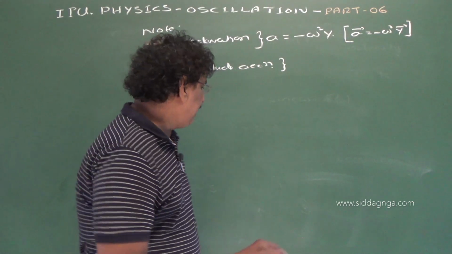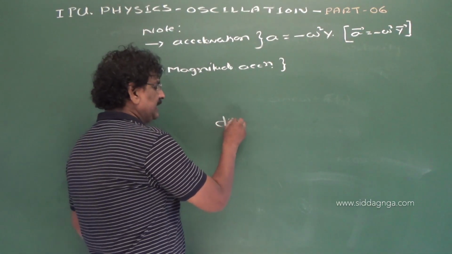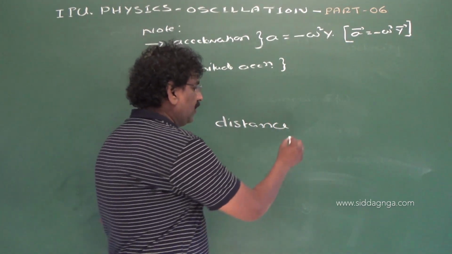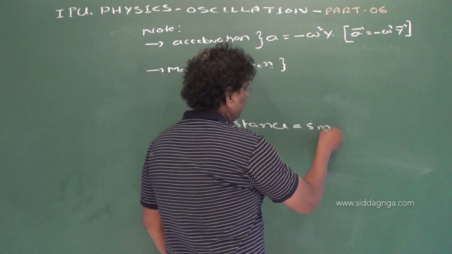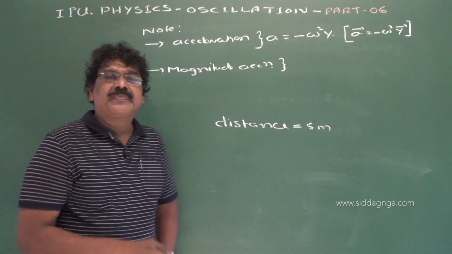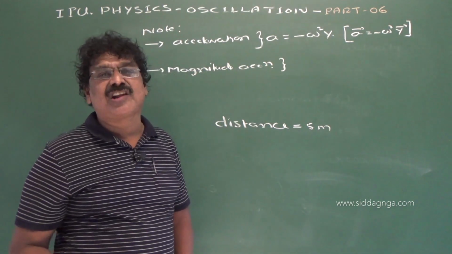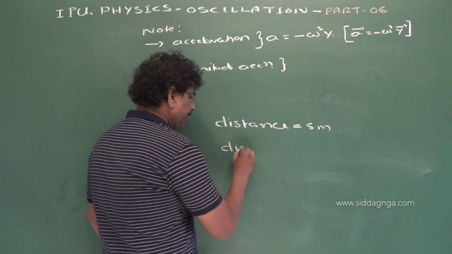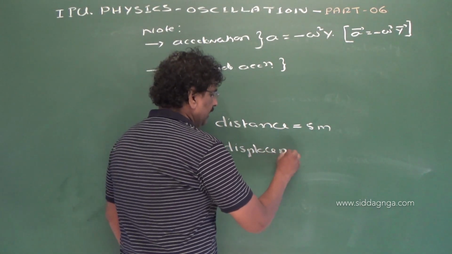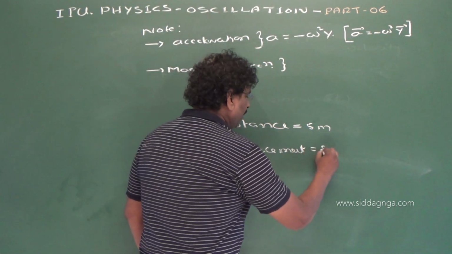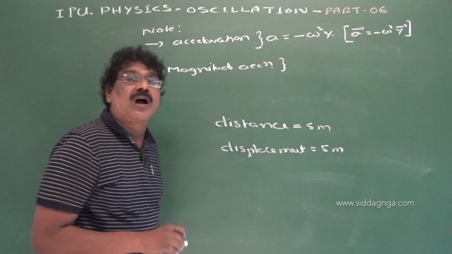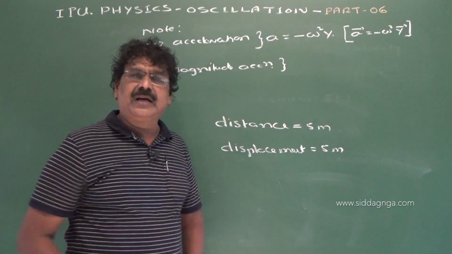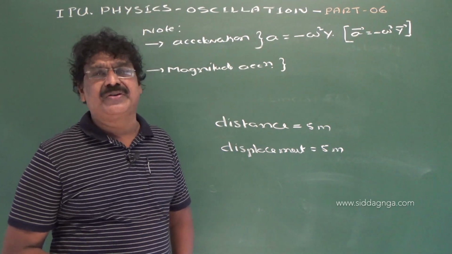When I simply say the distance travelled is equal to 5 meter, that's all. Here this has no direction at all, no specific direction. But whenever I say displacement is equal to 5 meter, it is wrong, because it is not the complete information, right?